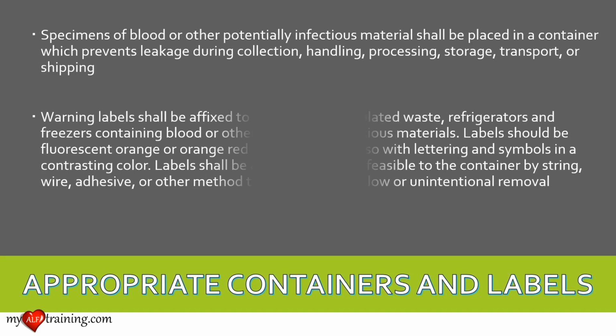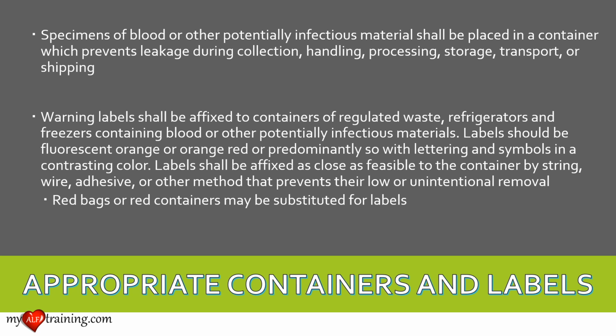It's important to have appropriate containers and labels. Specimens of blood or other potentially infectious material should be placed in a container which prevents leakage during collection, handling, processing, storage, transport, and/or shipping.